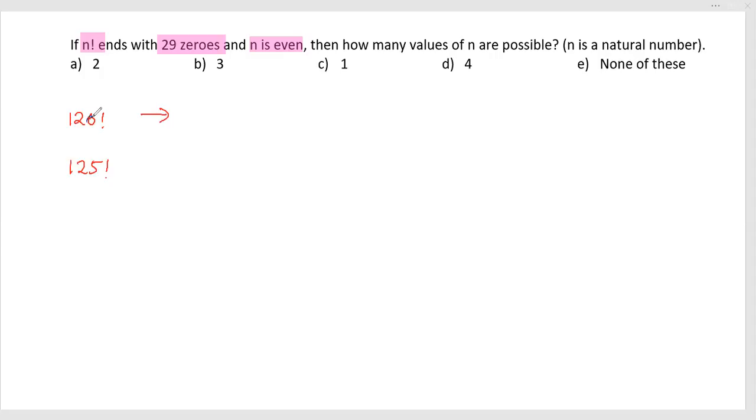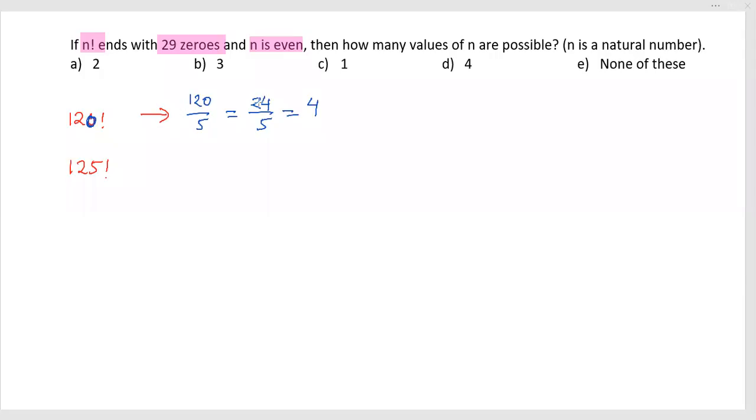120 factorial: 120 divided by 5 is 24, and 24 divided by 5 is 4, and I cannot divide further.